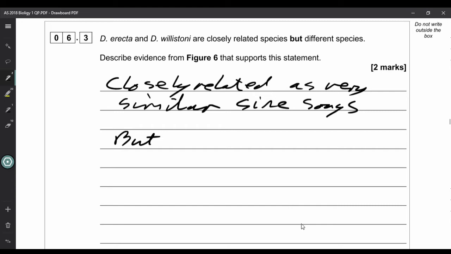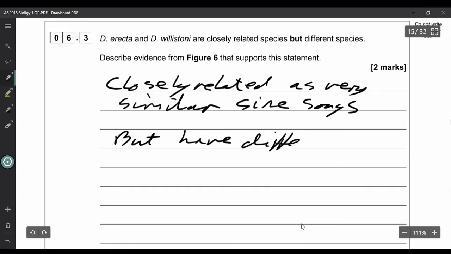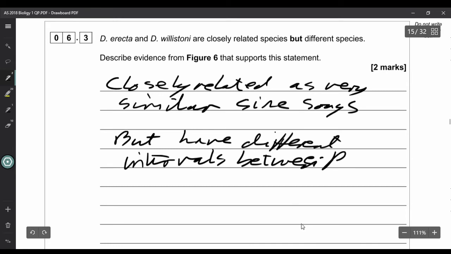But because we're stating a difference, we've got to say how they're different. So we could say, but they have different intervals between the pulses of pulse song.